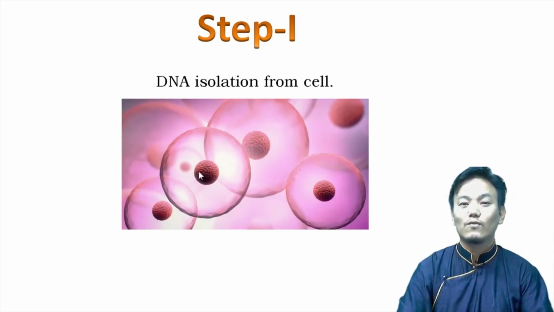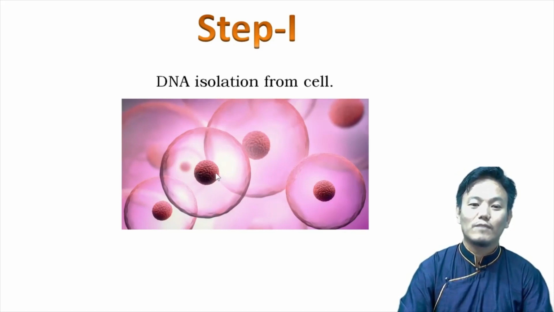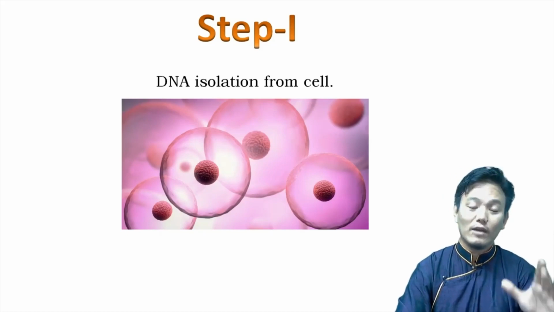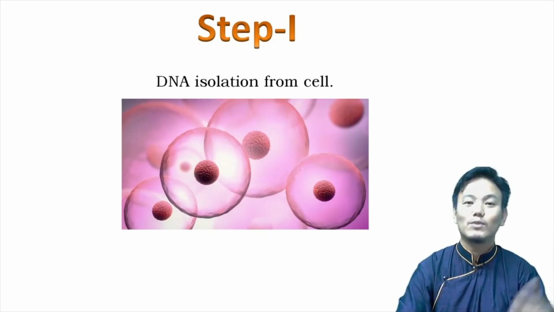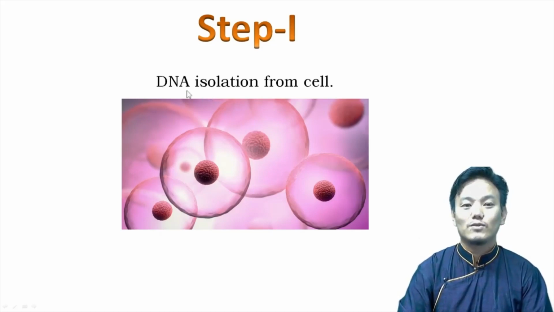In one of your practical experiments, you perform this: to get pure DNA, you have to remove the cell membrane, then break open the nuclear membrane, then take out the chromosomes or chromatin, the DNA associated with histone proteins, and then remove the proteins to get pure DNA or nucleic acid. So the first step in the Human Genome Project is to isolate the DNA from the human cell.